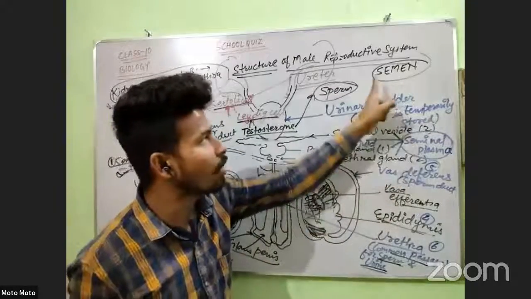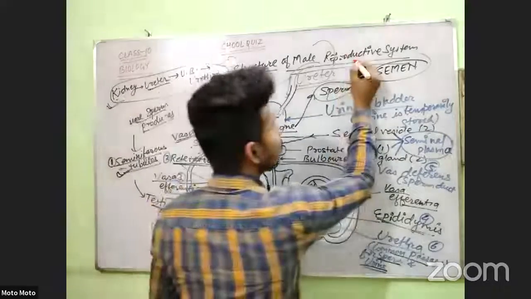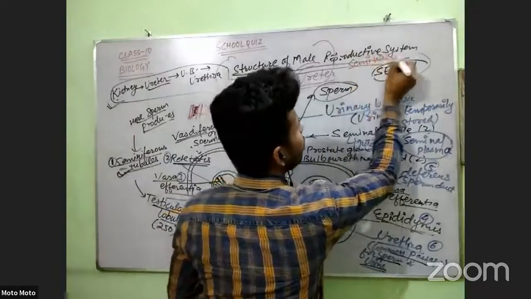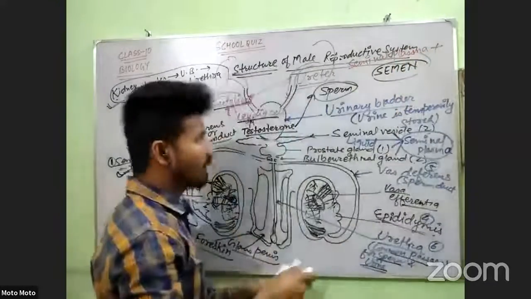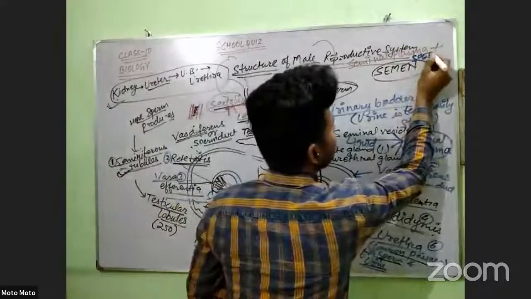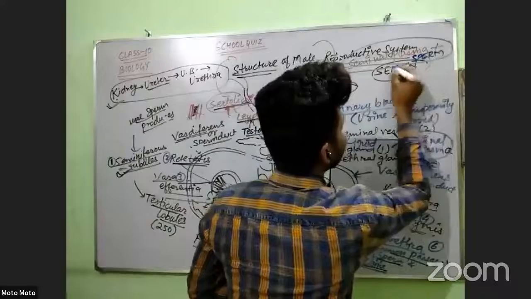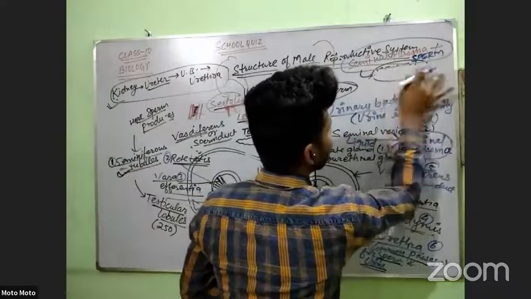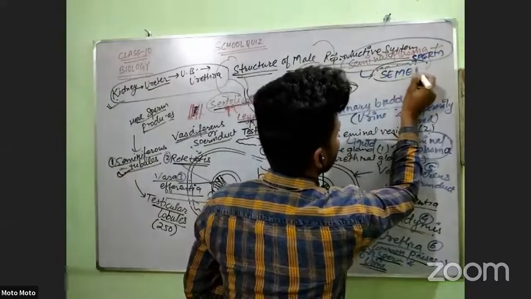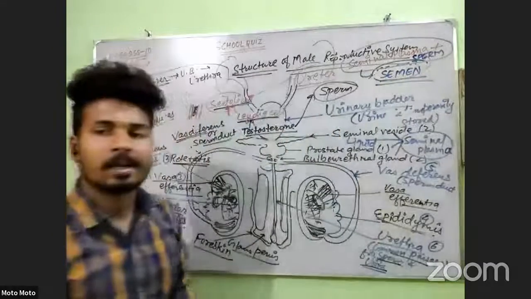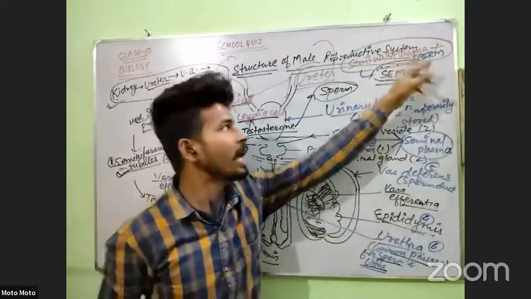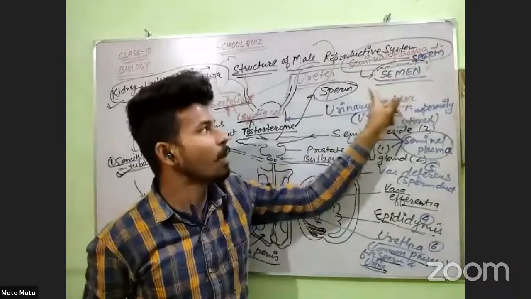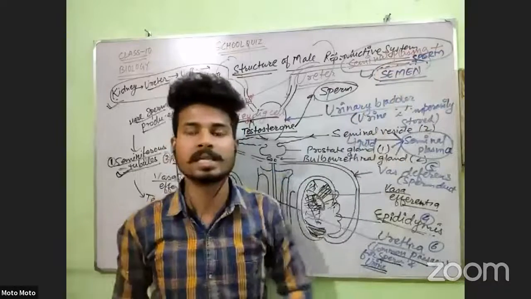So when seminal plasma and sperm both come out together, that is called semen. Are you clear now? Yes, sir. So seminal plasma is the liquid, and liquid along with sperm, when it comes out, is called semen.